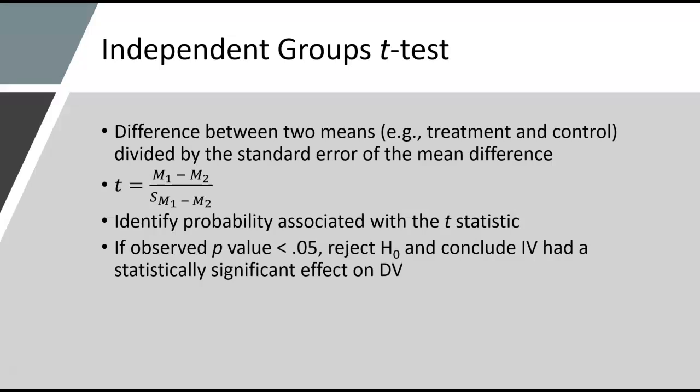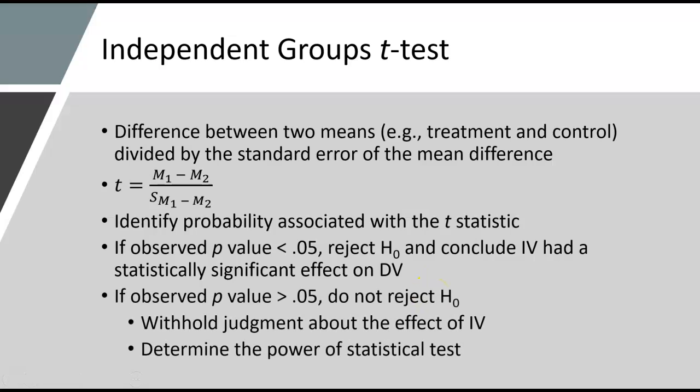In a t-test, you'll have a significance value, that's the p-value, but there's also a t-value, that's the observed value. And then you want to see if your observed value is going to enable you to reject the null and conclude that the difference in the means is statistically significant. And then that, as your authors say, would allow you to conclude that the independent variable had a statistically significant effect.